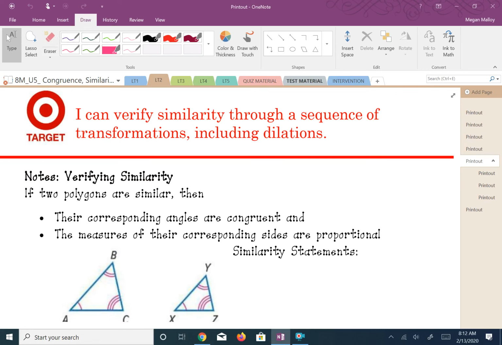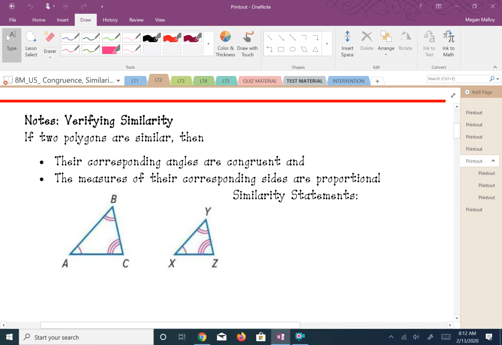The first one is that their corresponding angles are congruent and the measures of their corresponding sides are proportional.